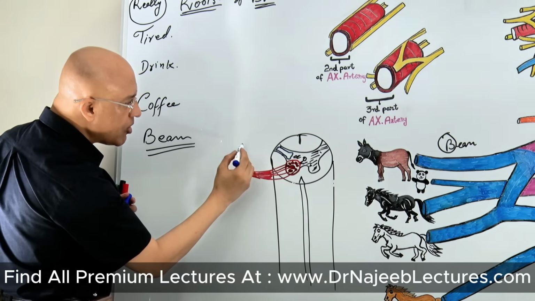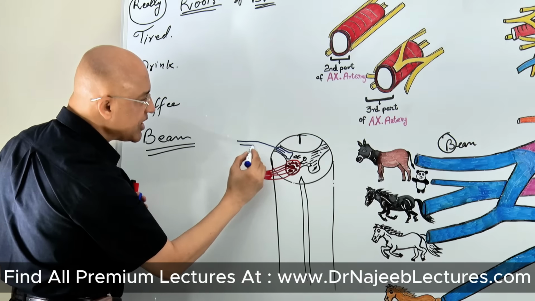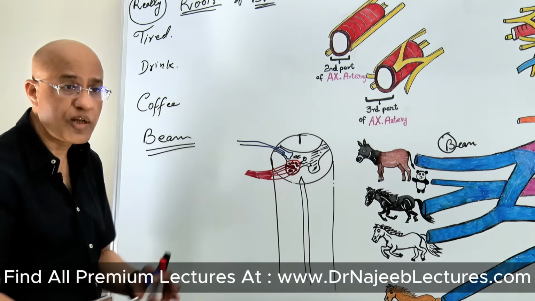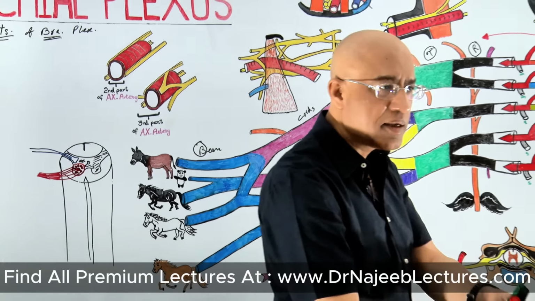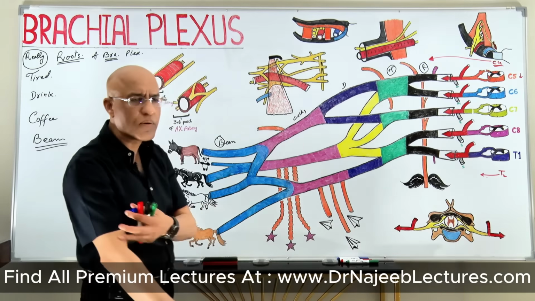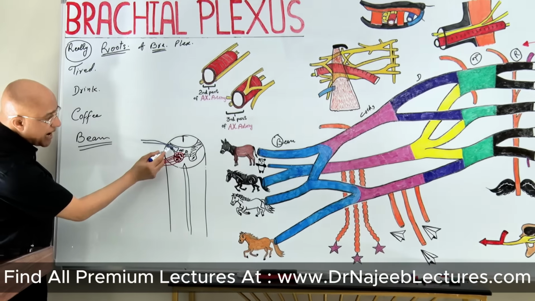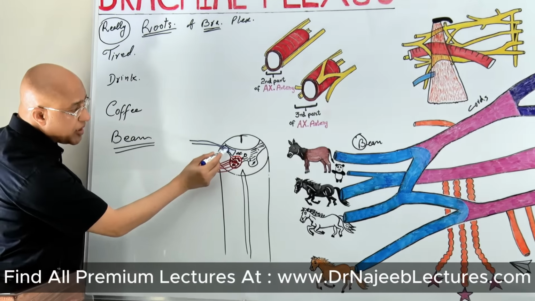Now, the posterior horn of the spinal gray matter is basically connected with the sensory system, the neurons which are collecting sensory information from the arm, like neurons bringing touch, pain, temperature, vibration, and other sensations, right? Pressure. So this is on the back. This is the area of gray matter which is connected with sensory fibers, and the anterior gray matter is connected with the motor fibers.